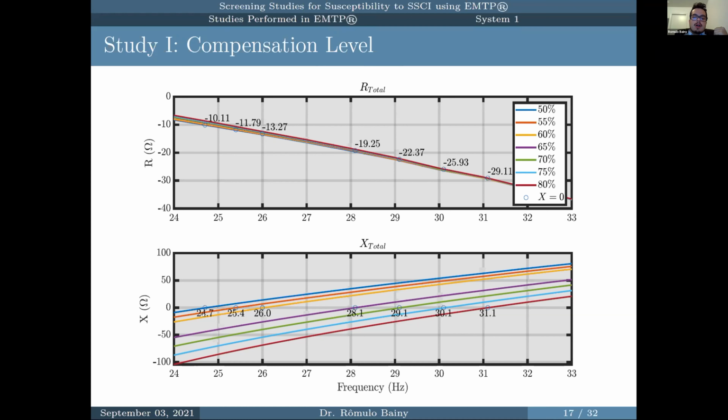So the frequency also changes. For 50% here, we have 24.5 hertz for our resonance frequency. But when we go to 80% of compensation, we have 31.1 hertz. So this is basically 7 hertz in a 30% window of variation here.